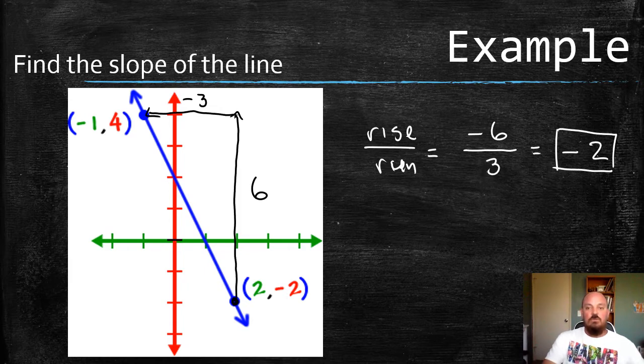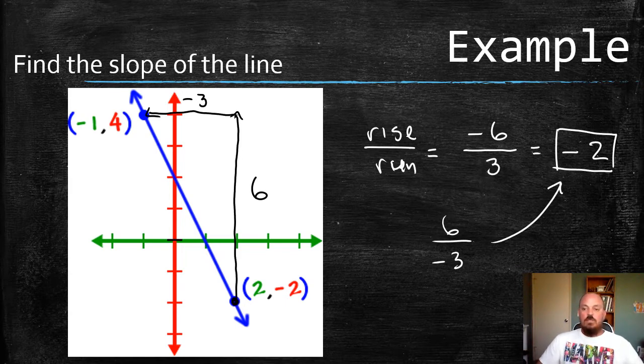So when you did rise over run, you would have +6 over -3, which gives you the same answer. It's still -2. So it doesn't matter if you go from one point to the other, or the second point back to the first. You're just measuring how far you go right or left for run, and how far up or down for rise.